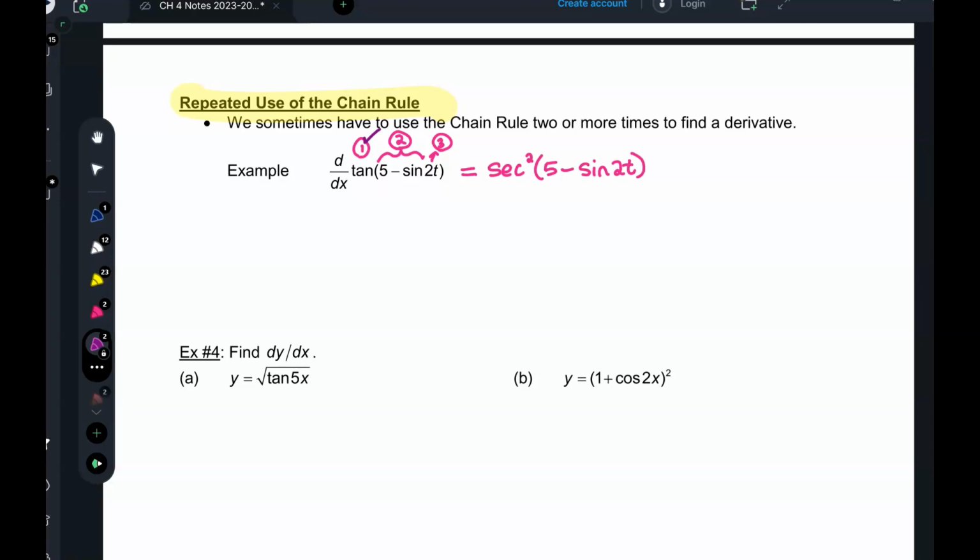So what is the derivative of 5? It's 0. Minus, what's the derivative of sine? Cosine. And now we're going to keep 2t the same. So my step 2 is complete.